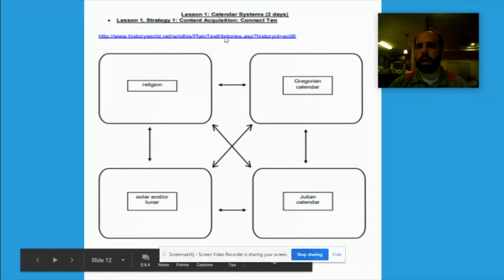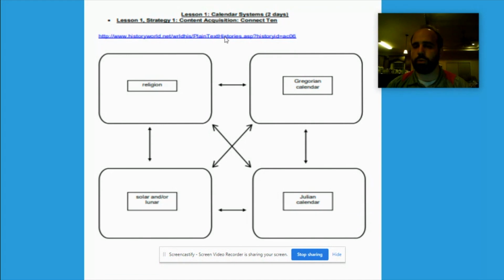And the text right here that's linked to that, the students would use, provides the information. So if I were giving this to them for the very first time, it explains what the Julian calendar is. It explains what the Gregorian calendar is. It explains how they were developed. And so they would be able to, however you want, you teach annotation.